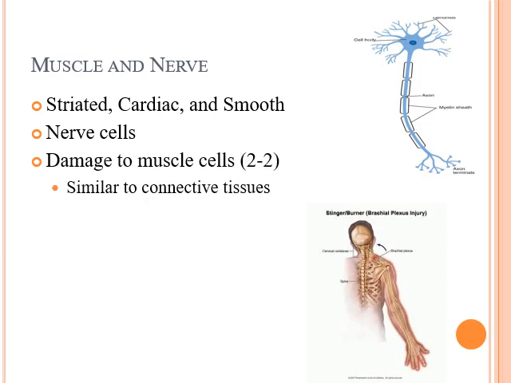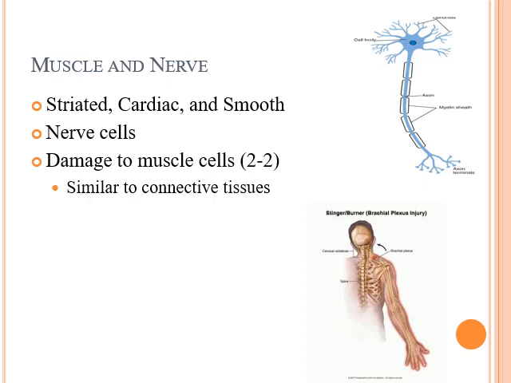Again, damage to muscle cells, and I think I might have thrown some muscle reference in when we were talking about connective tissue. Part of the reason is because it heals similar to connective tissue. Obviously, when you look at cardiac muscle and smooth muscle, there's going to be significant function getting impaired.